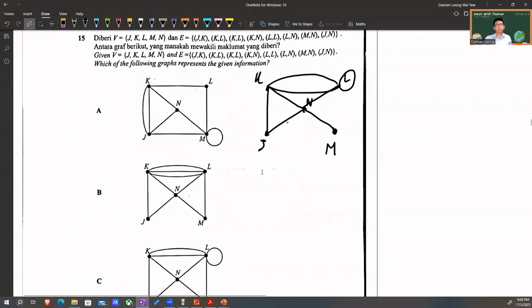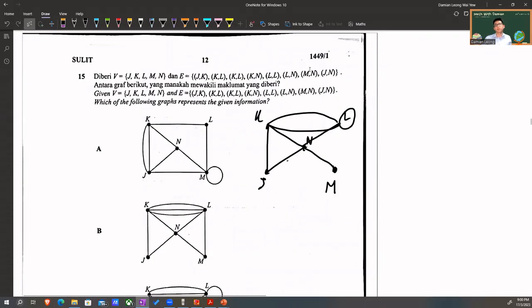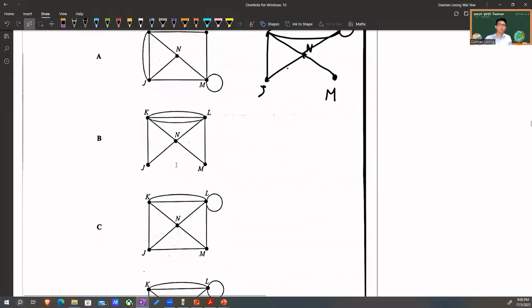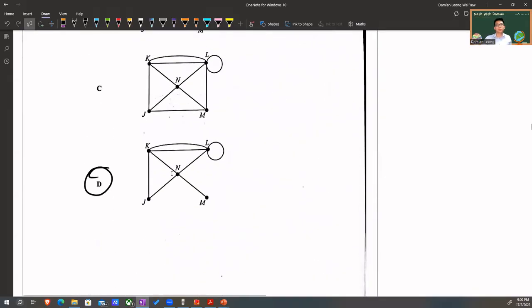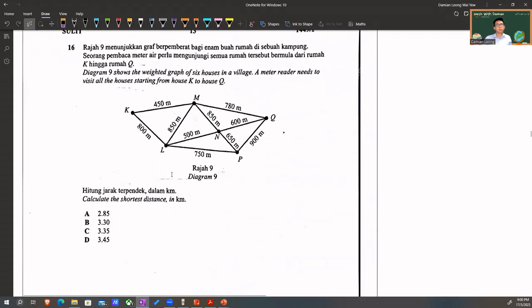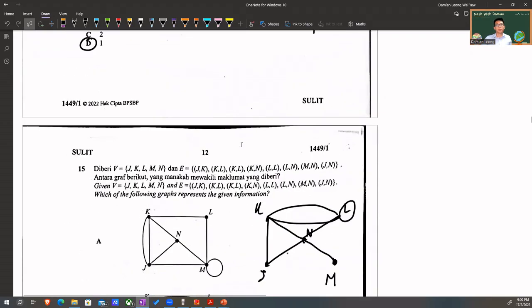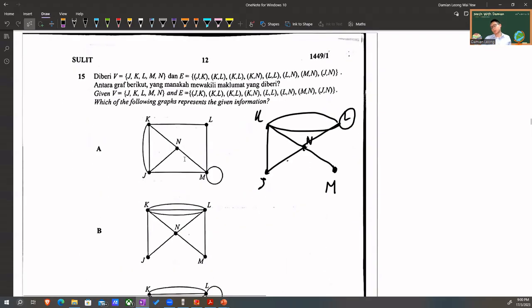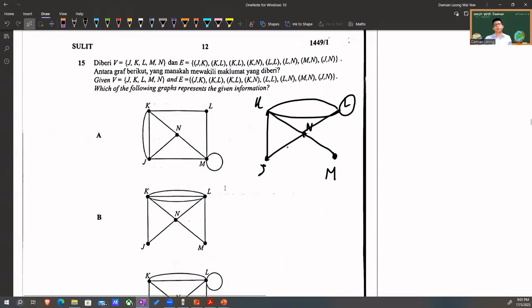Try to sketch it out by following this. Then just compare. If not, you can highlight, but I think drawing out is easier.